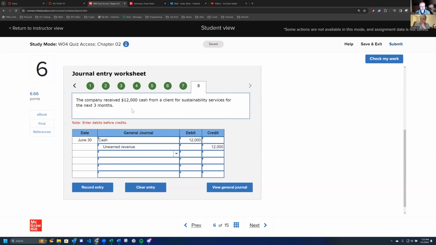It's a liability until you perform those services, since you still owe your client the $12,000 back. That's why unearned revenue is a liability initially, and then when you perform the service, it gets debited on the liability account and credited on the revenue account.